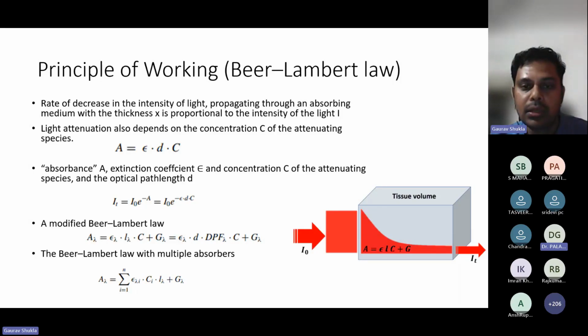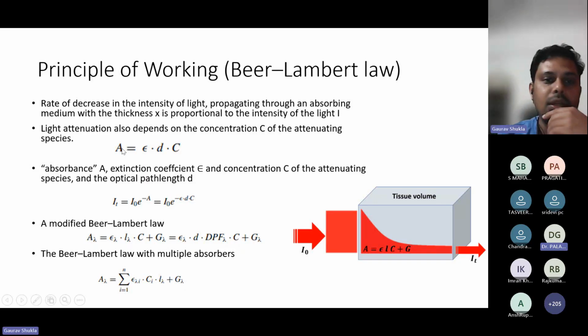In easy words, it means that as the light from an illuminating source progresses through an absorbing medium, the intensity of the light decreases, and it decreases based on this formula.